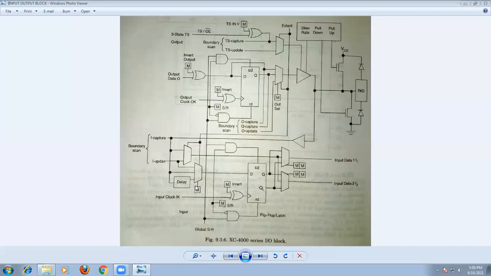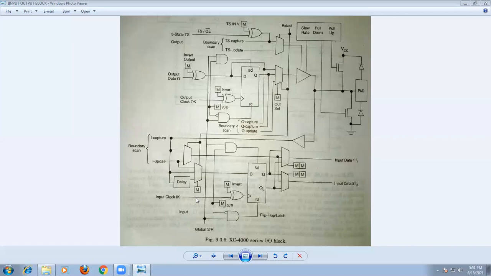So these are the different advancements. As the technology increases, these values go on increasing. The 4000 series is the most widely used. That is about the Xilinx IOB and the Xilinx 4000K series.